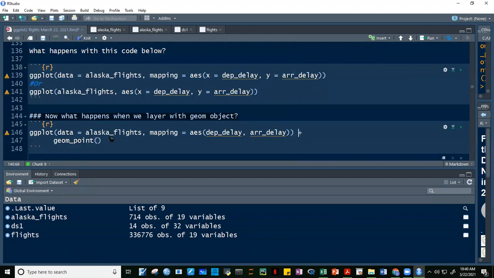Let me delete the plus here. If I put the plus on the second line, what will happen? Can you see, guys, what happens? If you try to plot that, where the plus is on the next line, what happens, guys?